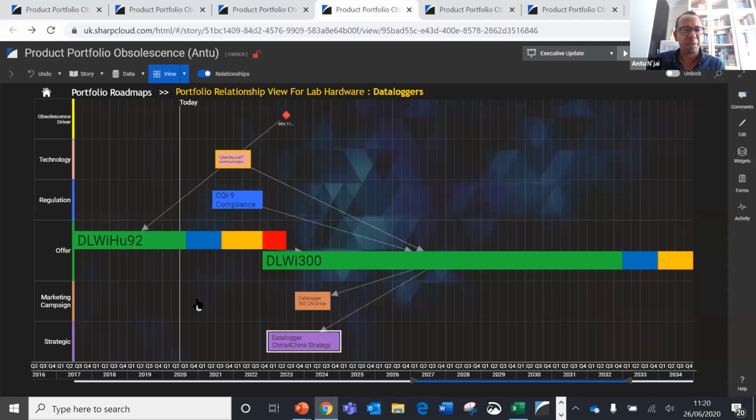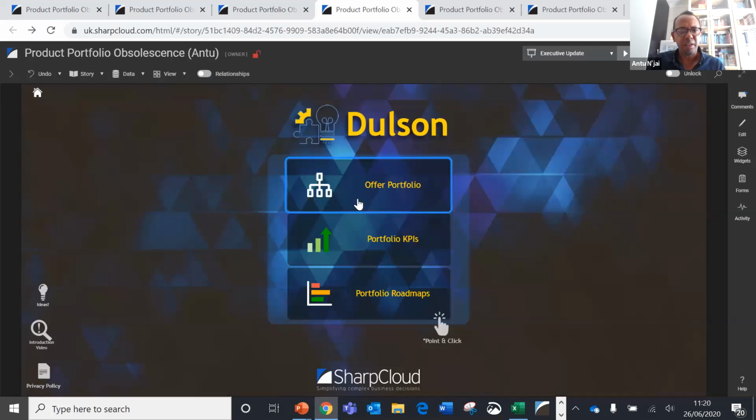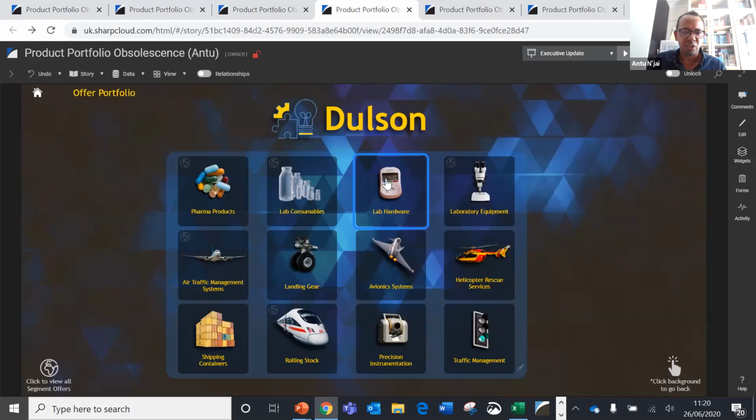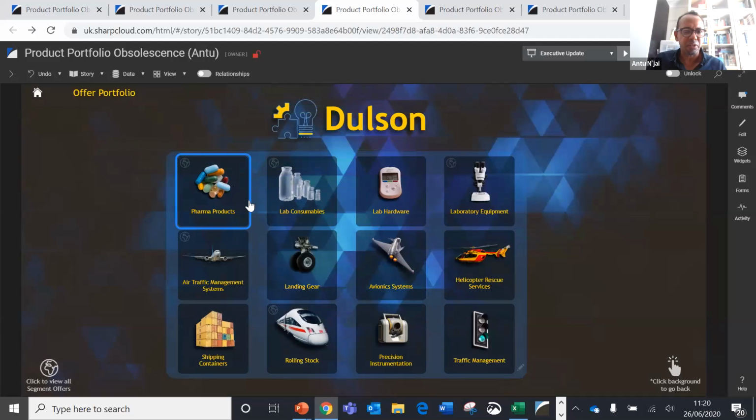So it really gives us an ability to start looking at how we can respond to a challenge. So our successful customers have brought together the small set of data, provided it in an interactive environment where their teams can start to look at not just individual products, such as their lab hardware, and drill in and have a look, but where they can come all the way back out and think in terms of other product areas.